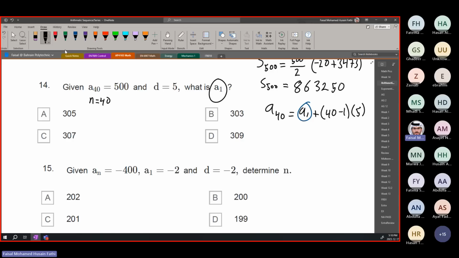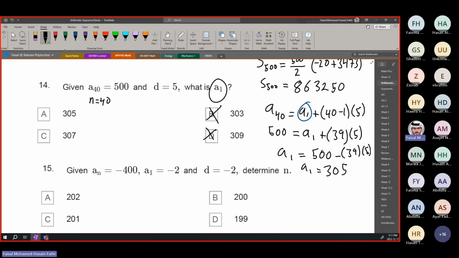We know that A40 is equal to 500, which is equal to A1 plus 39 times 5. So A1 is equal to 500 minus 39 times 5. I know I'm skipping steps in the algebra, but you know how to solve these at this point. A1 is 305.